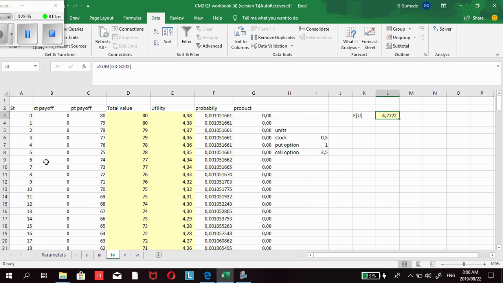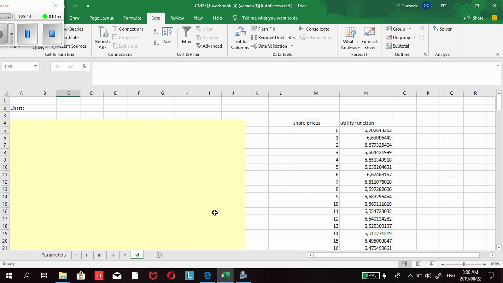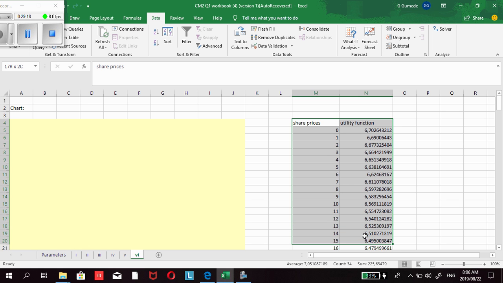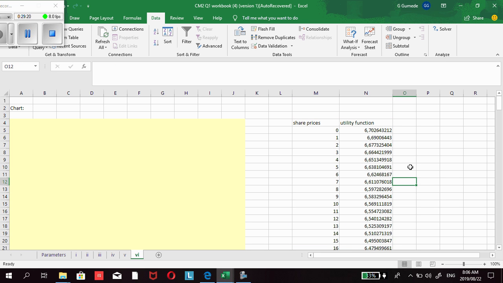So I need the share prices corresponding to the utility for the maximum expected utility. I decided to copy these values here because I did this earlier. So these are the values I'm going to plot.